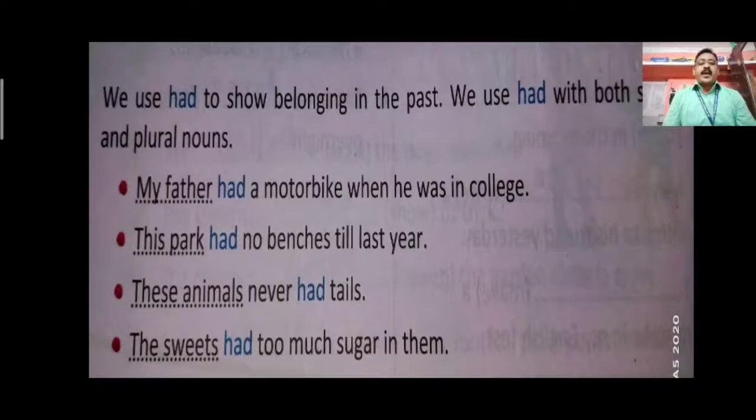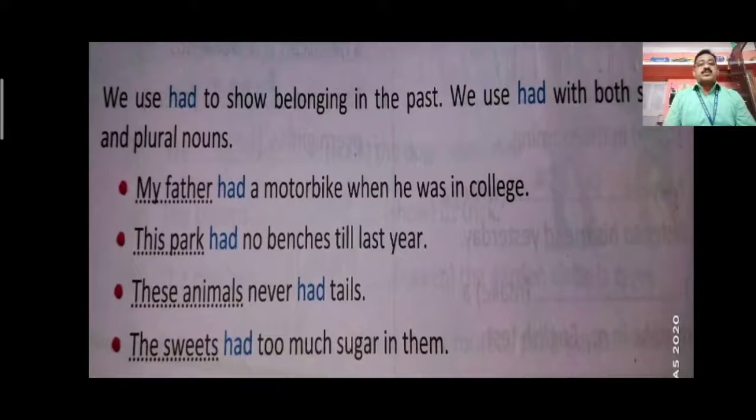My father had a motorbike when he was in college. This park had no benches till last year. These animals never had tails. The sweets had too much sugar in them. Here you can see I am talking about my father, singular noun.